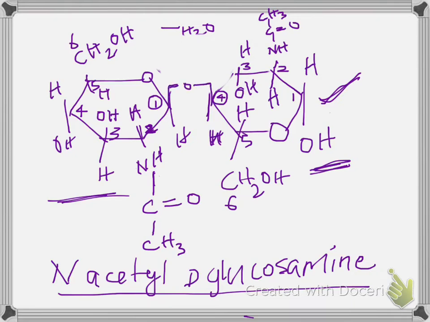This is the beta 1,4 linkage. So the N-acetyl D-glucosamine units are linked by the beta 1,4 linkage in the structure of chitin.